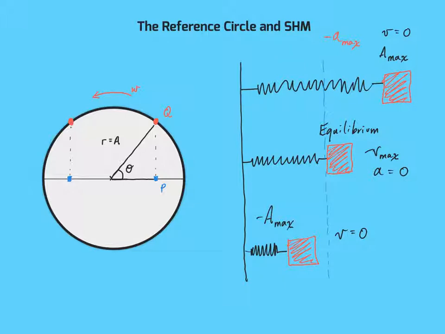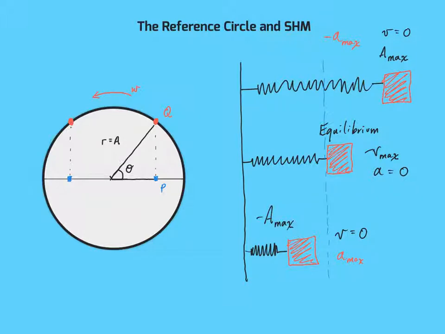Our force is going to be at a maximum, but it's actually going to be directed to the right because it wants to push that block back to the equilibrium position. So our acceleration there is also going to be a maximum. But notice again that if the force is pointing to the right, then our acceleration has to point to the right, so it's going to be positive as well.